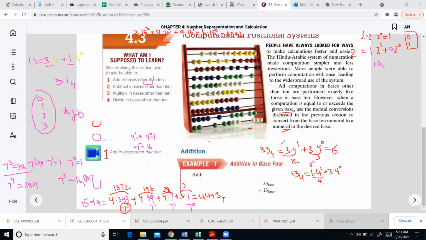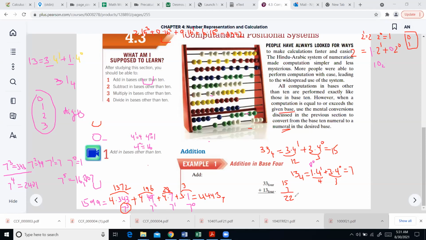So when you add these, you're going to get 4 plus 3, right, which is 7. So you actually add these two numbers, which is 15 and 7. And when you add 15 and 7, what you get is 22, right?